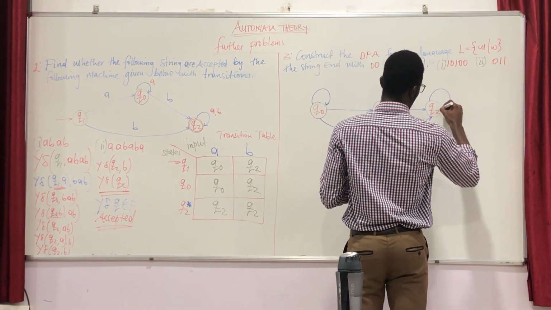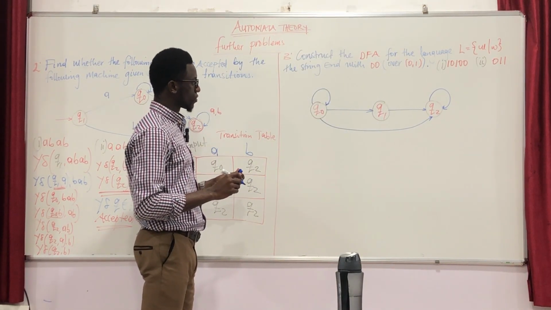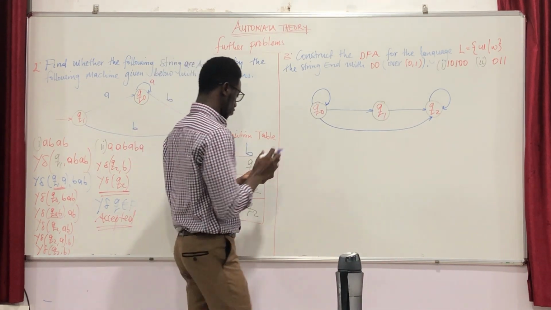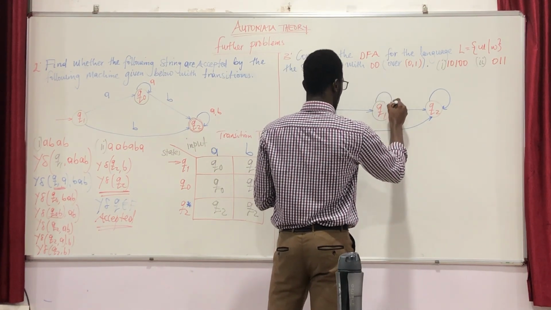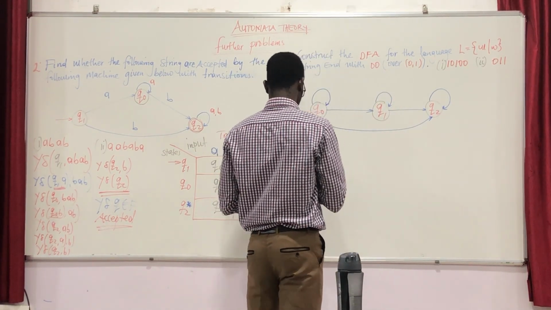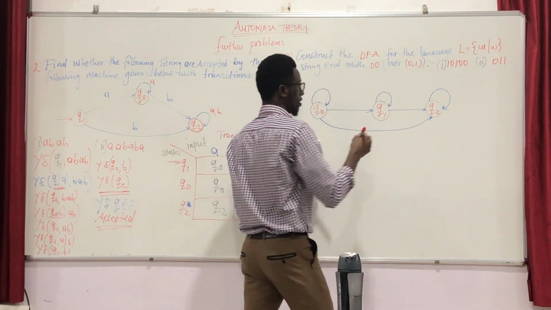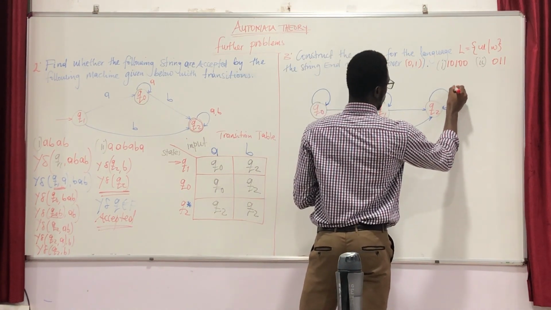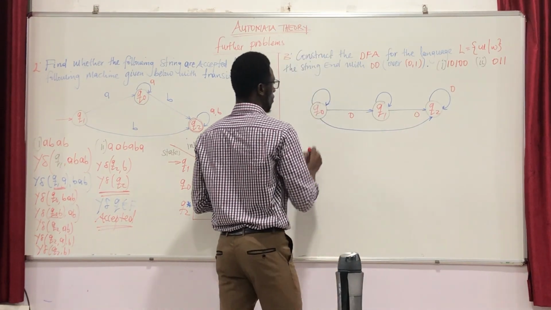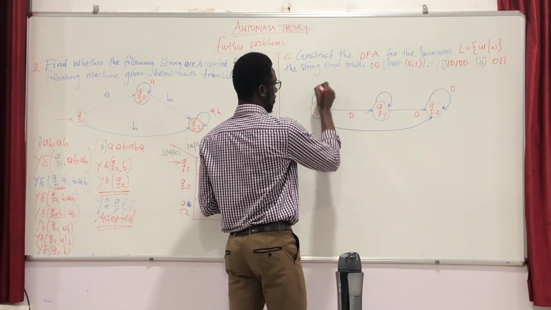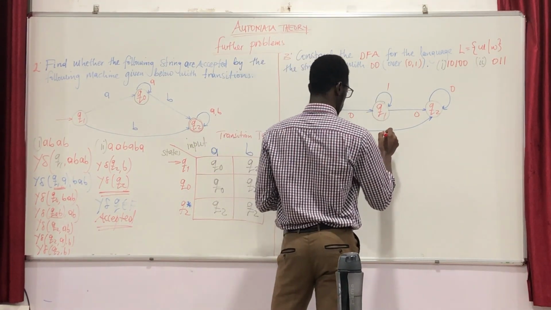Here we can say 0. This again we can say 0, 0. Here let's say 1. Here, this let's say 1. And this we can say 1.